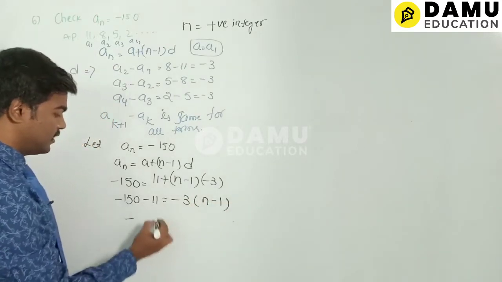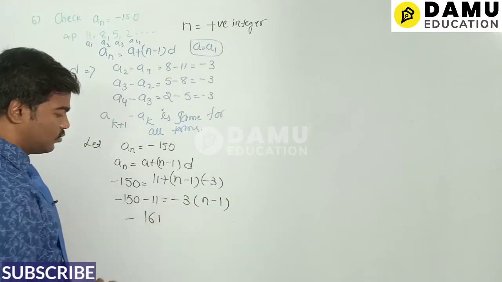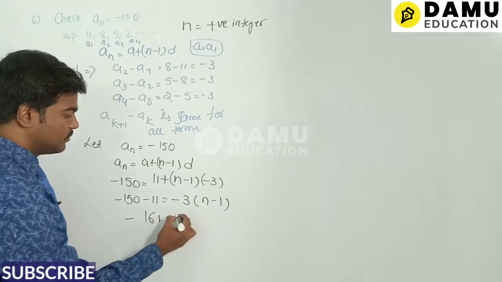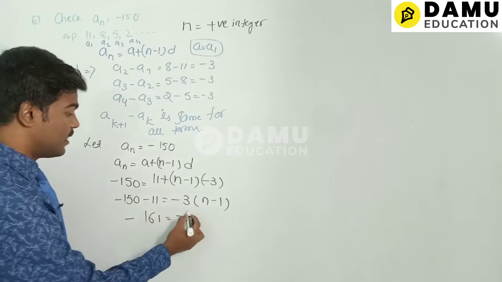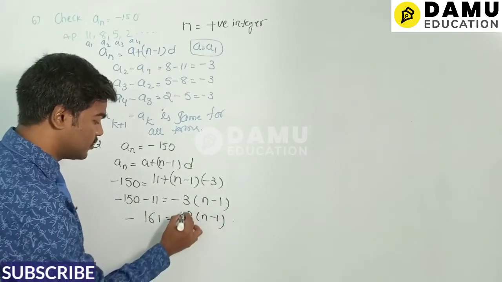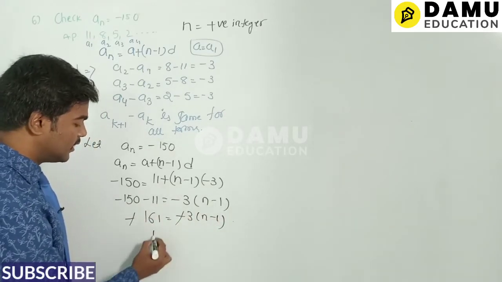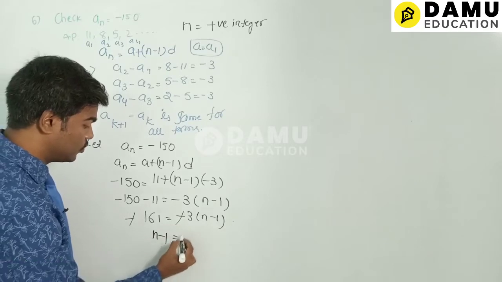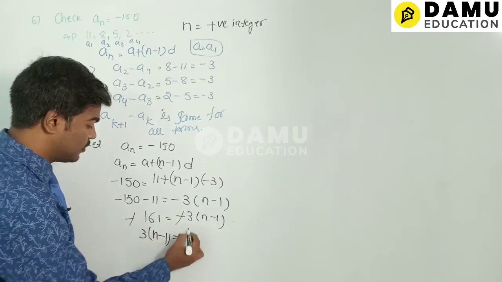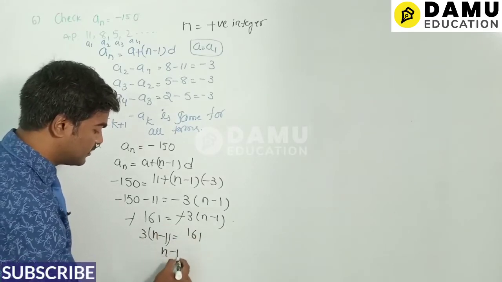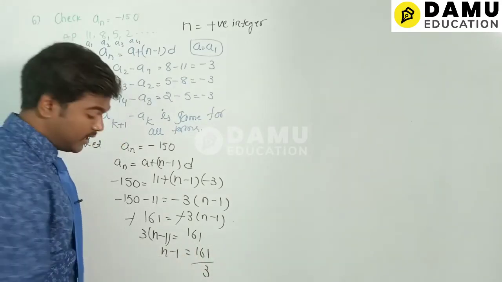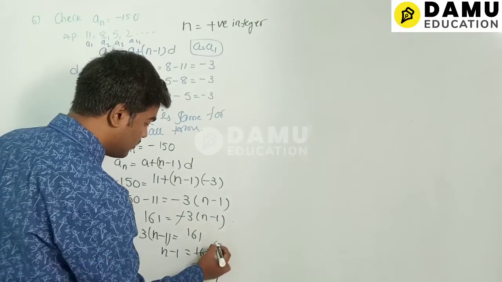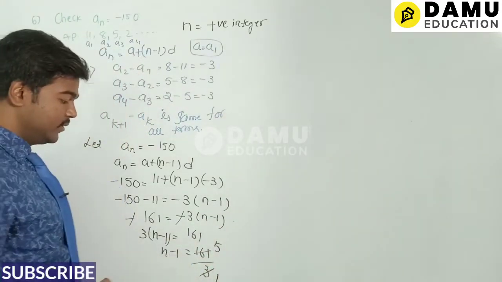The minus signs cancel, so 3 into n minus 1 equals 161, then n minus 1 will be equal to 161 by 3.